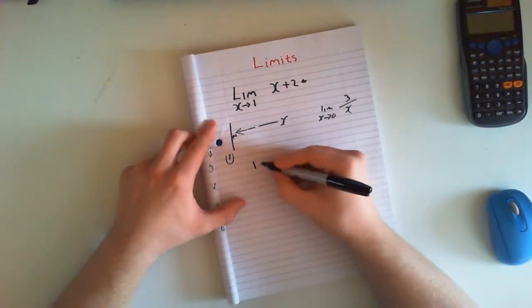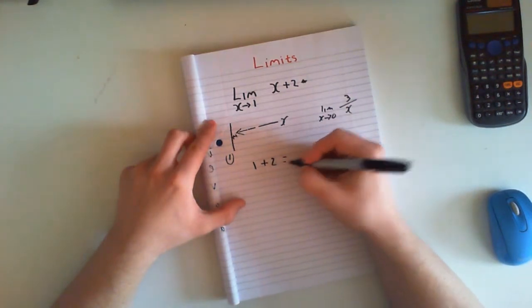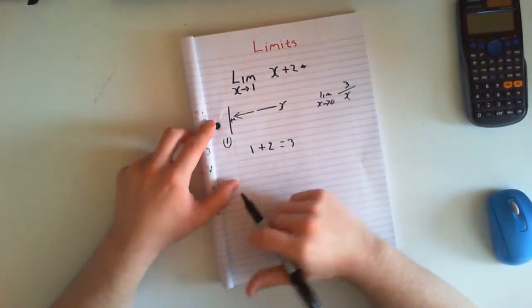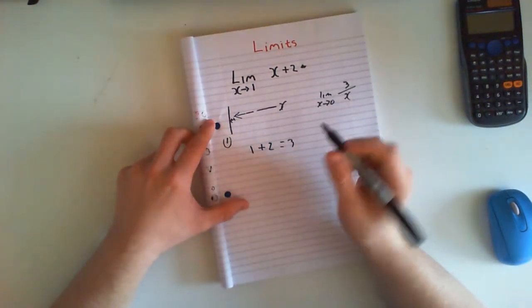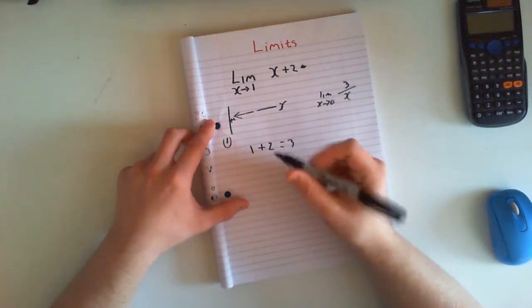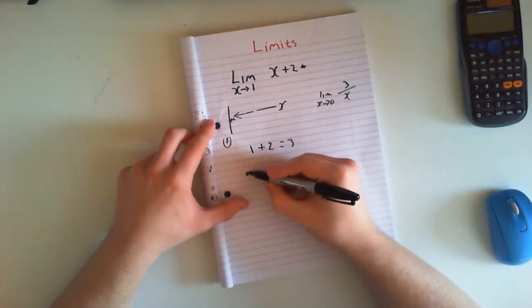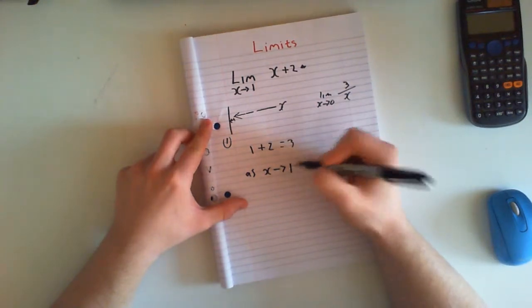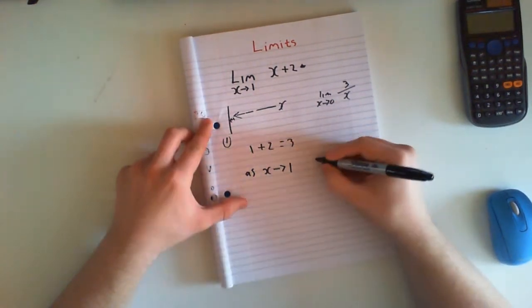It really is that simple for basic ones. And what this tells us is that as x goes to 1, our function of x goes to 3.